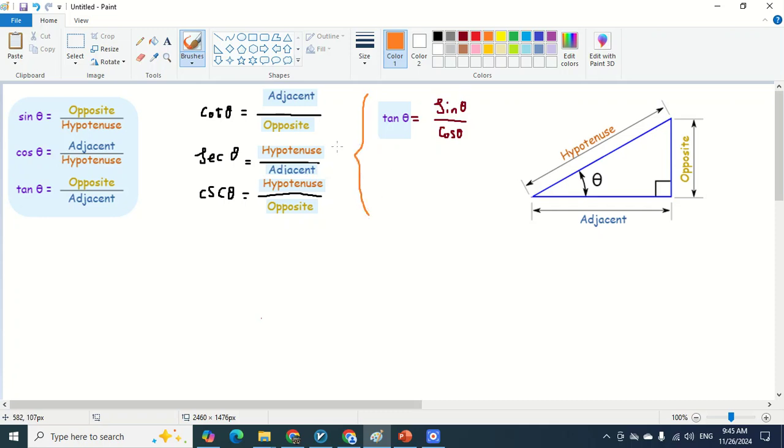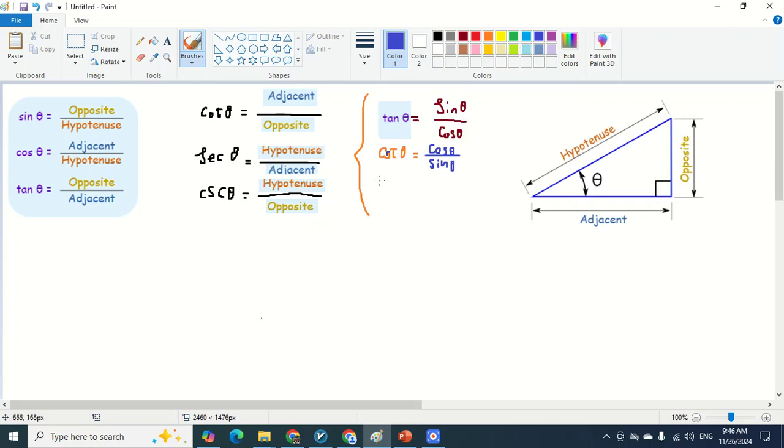Similarly, if you do the same thing for the cotangent of theta, which is equal to the adjacent over the opposite, and divide the numerator and denominator by the hypotenuse of that right triangle, then you will reach cosine of theta over sine of theta. This is another identity that you can consider over here. From the first and second identities, you realize that tangent and cotangent are the inverse of each other.